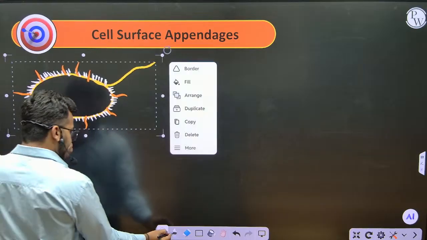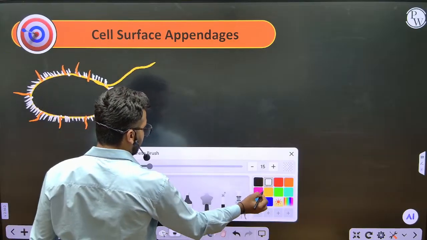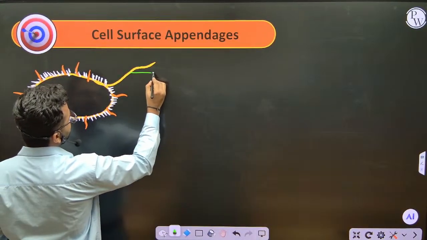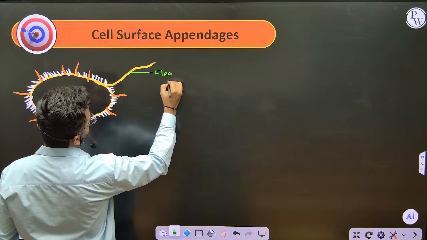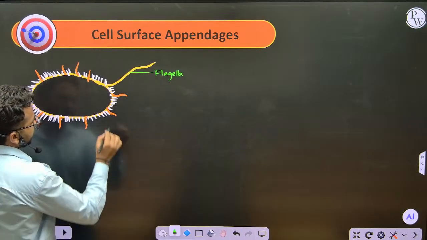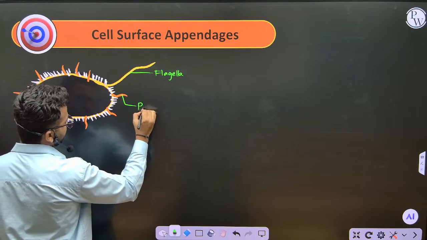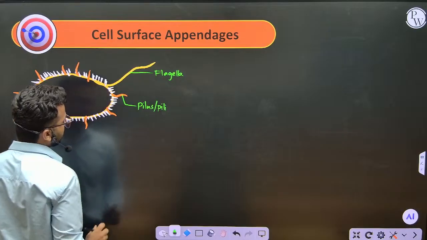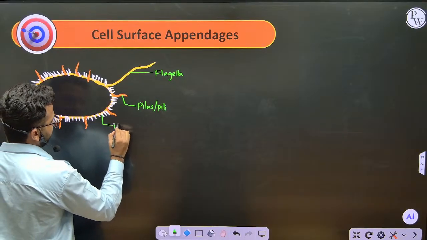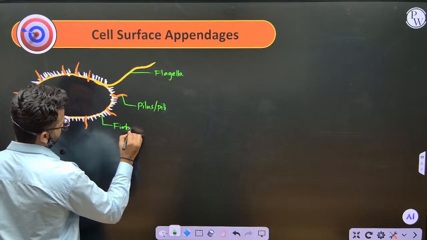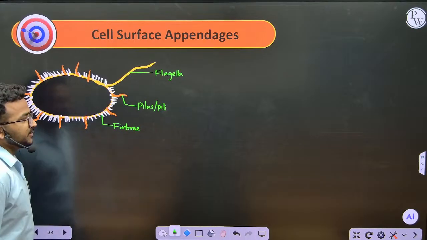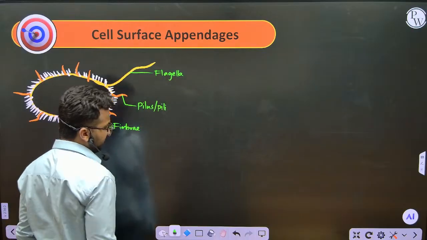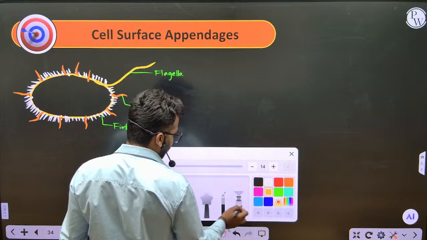Now what we are seeing is cell surface appendages here. This one is flagella, and this is pili or pilus, singular and plural, and this one is fimbriae. One by one we are going to study here.